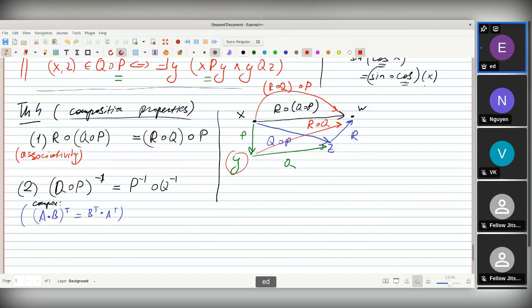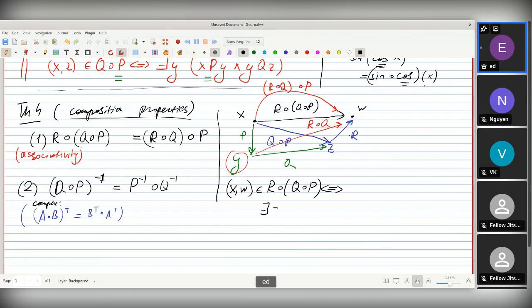Is this idea clear? Yes. Okay, let us give a formal proof. It won't take much time. So what does it mean?